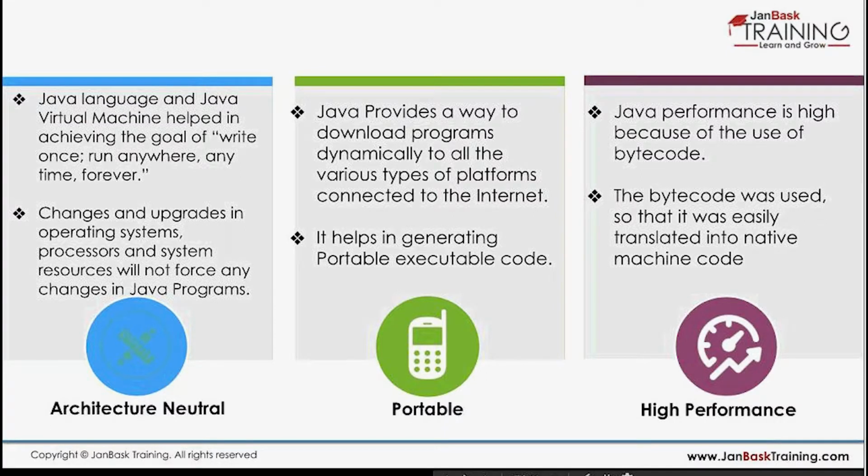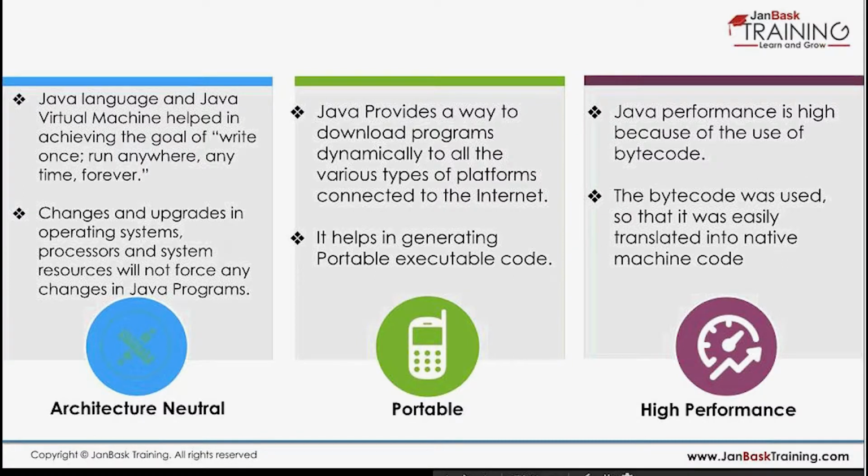That's the definition of a portable program. If you create Java programs, they are by default portable because they run on top of a virtual machine. If you have the virtual machine available for that particular platform, that program can run on that platform.